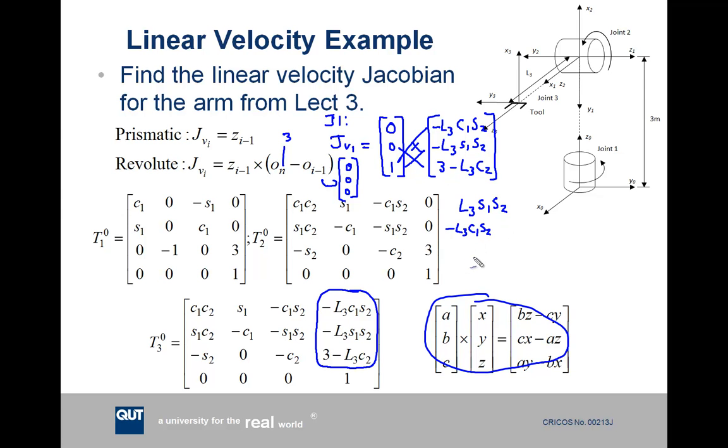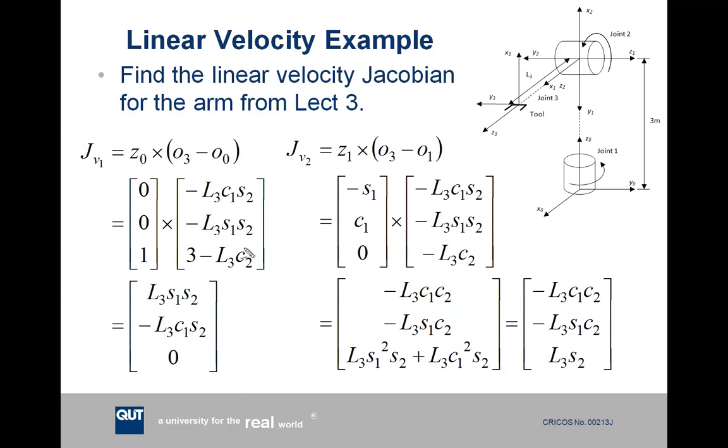So that's our second row. And our third row is A Y minus B X. So A Y is that minus B X minus that, so that's 0. So that is going to be our joint J V1. So that's what we've got here, I calculated it in the last slide, and that's our J V1.